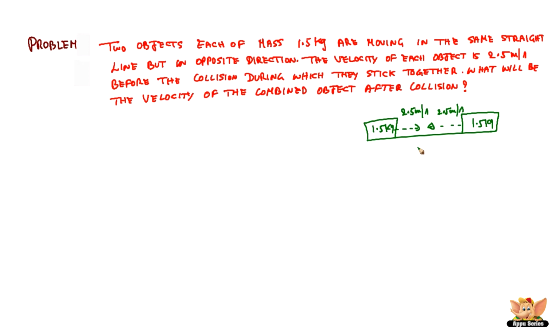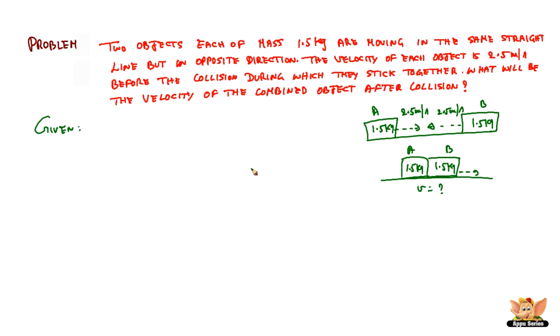Basically, now A and B collide. Now we want to know the velocity with which it travels after the collision. From the figure we understand that A and B are traveling.